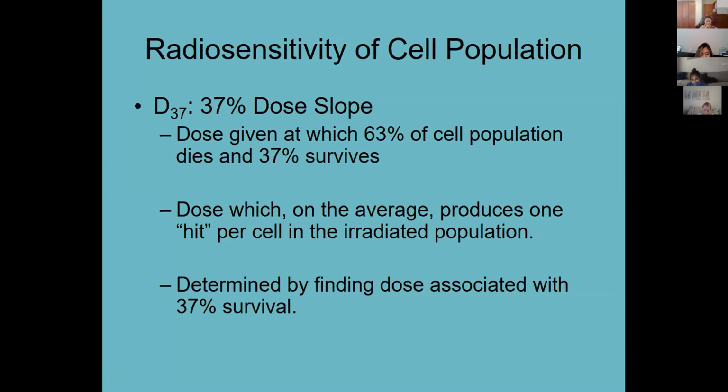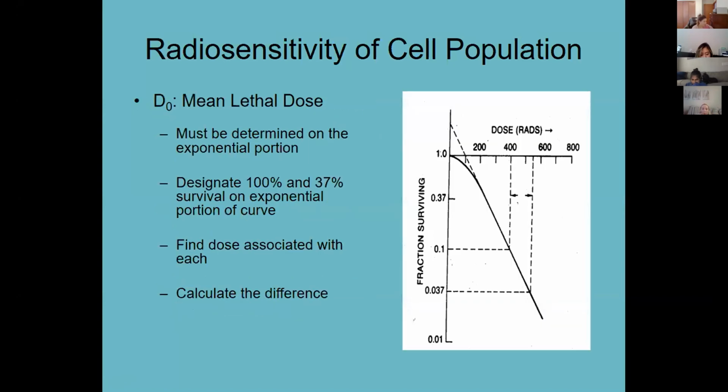To quantify radio sensitivity for a sigmoidal population, we use D sub 0. Now, D sub 0 is called the mean lethal dose. And like I said, it's essentially the same thing as D sub 37. We are trying to quantify radio sensitivity of a sigmoidal cell population.